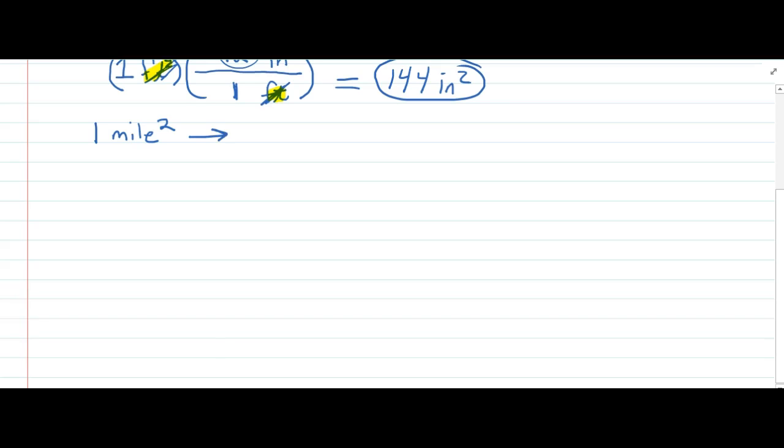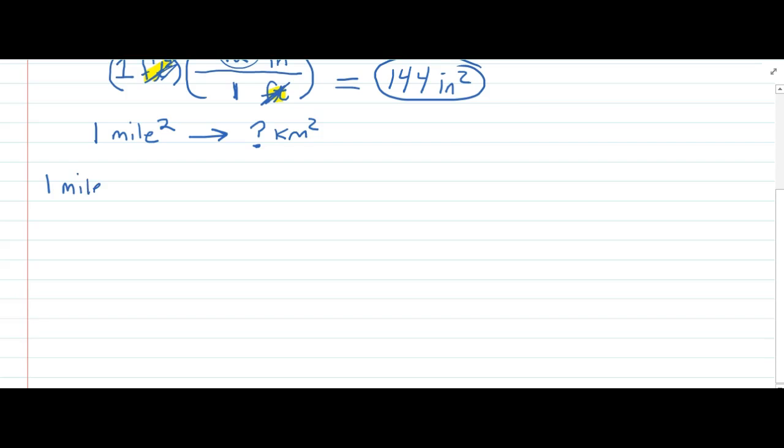Well, maybe I want to know how many square kilometers that is. Oops, I should write that as a question mark. Let me erase this. Maybe I want to know how many square kilometers that is. So let's start this as we know how to do them.